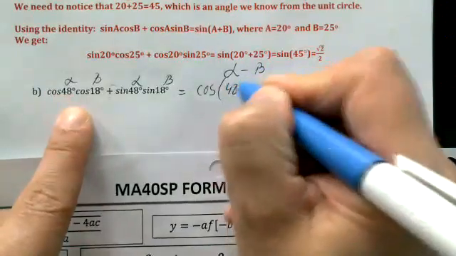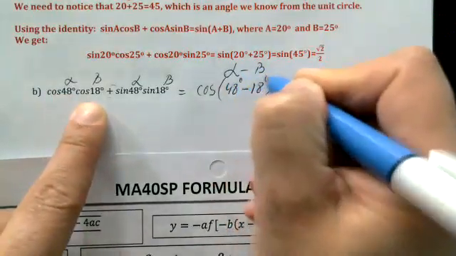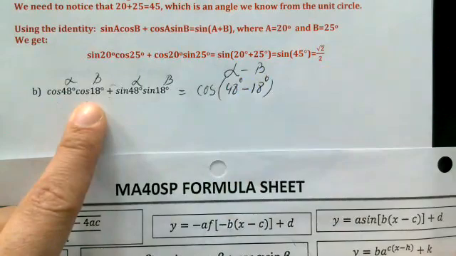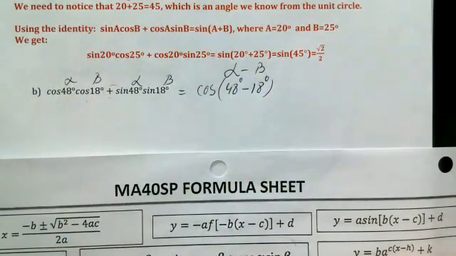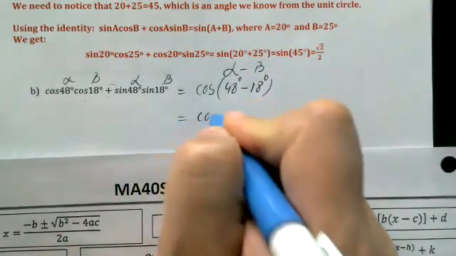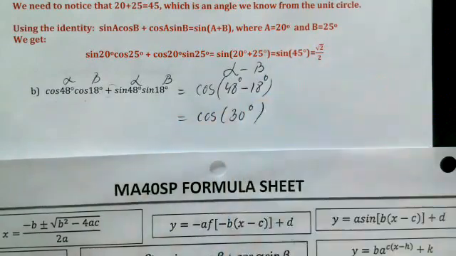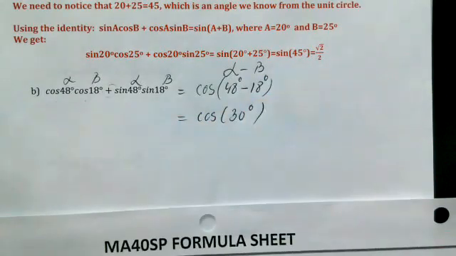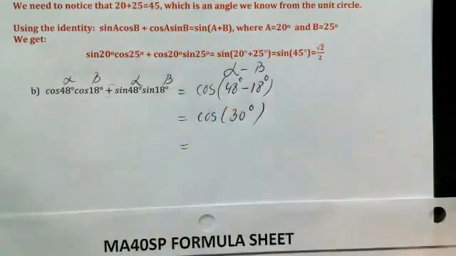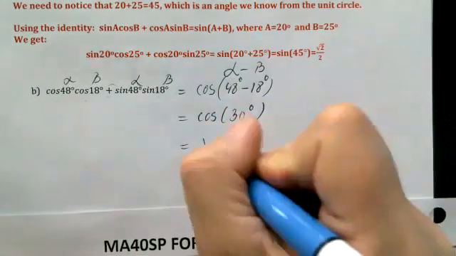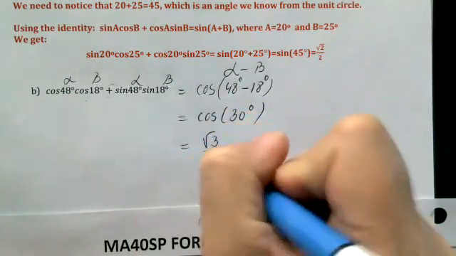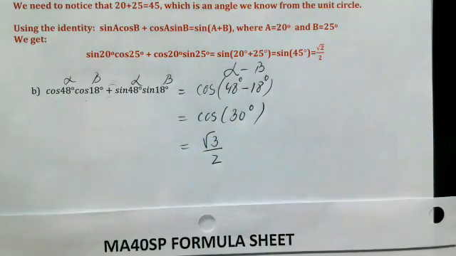So 48 degrees minus 18 degrees, which is cosine of 30 degrees, which I already again know what it is. Cosine of 30 is root 3 over 2.